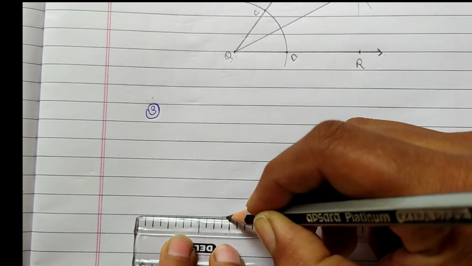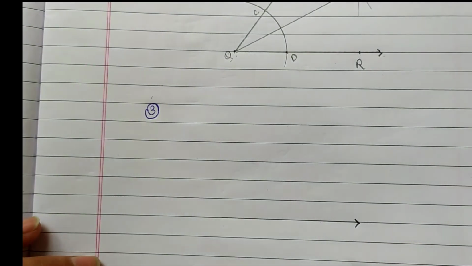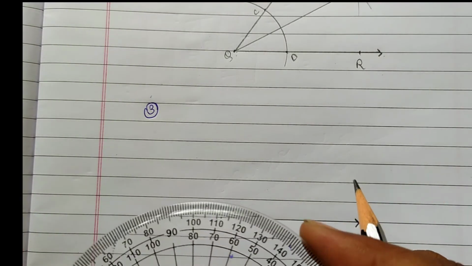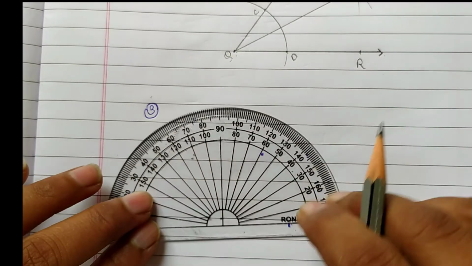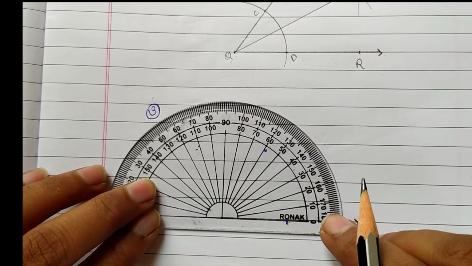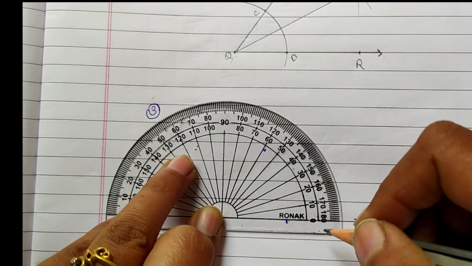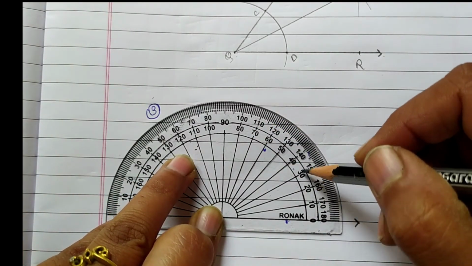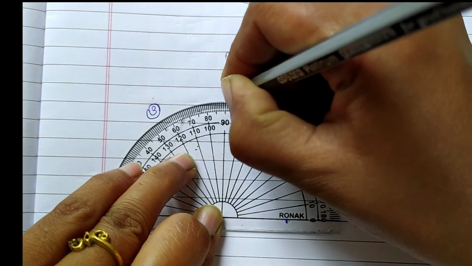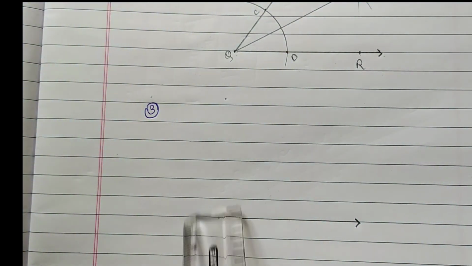Let's draw here base. Take protractor, place center point of protractor, and count up to 90. 0, 10, 20, 30, 40, 50, 60, 70, 80 and 90. Mark here a point. Join these 2 points with the help of scale.